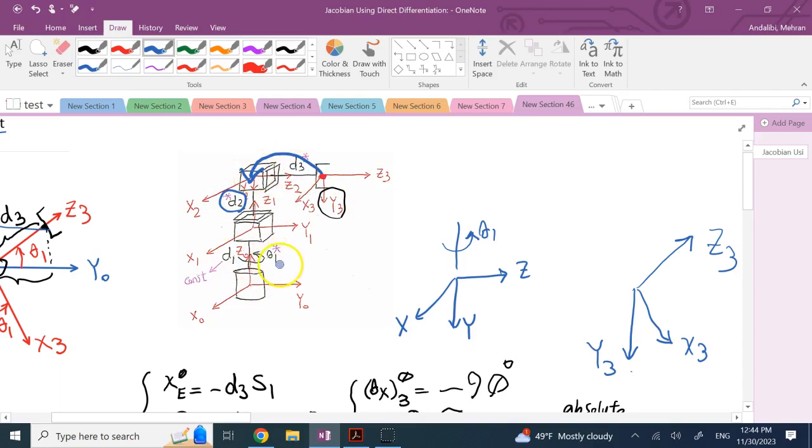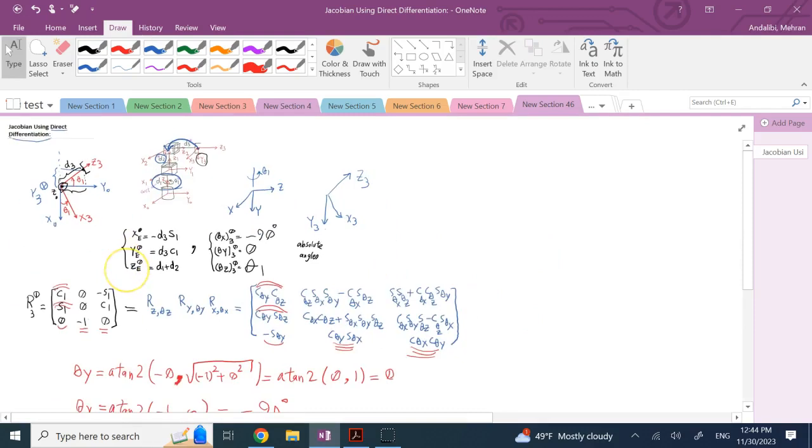But for theta 1, I can have infinitely many solutions. The rotation does not matter because it's right above it. And if you remember, one of the characteristics of singularity is that your inverse kinematics has infinitely many solutions, and you see here theta 1 could be any angle. d2 and d3 are uniquely determined. Theta 1 can have so many angles, so that's indeed a real singularity for this robot.